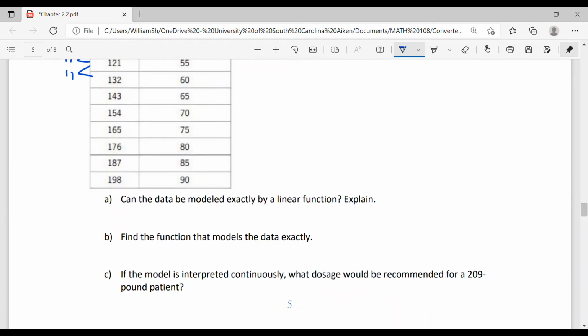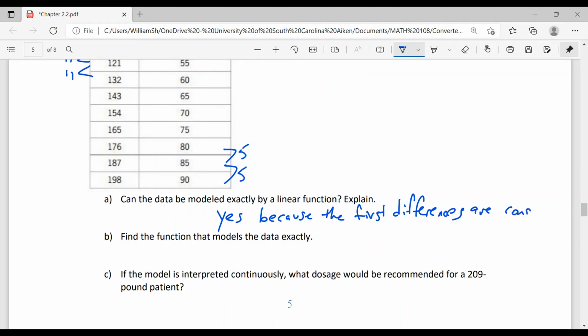So like I said, you can check them all the way down to here. This is 5, this is 5. Can it be modeled exactly by a linear function? Yes. Because the first differences are constant. They're all the same.